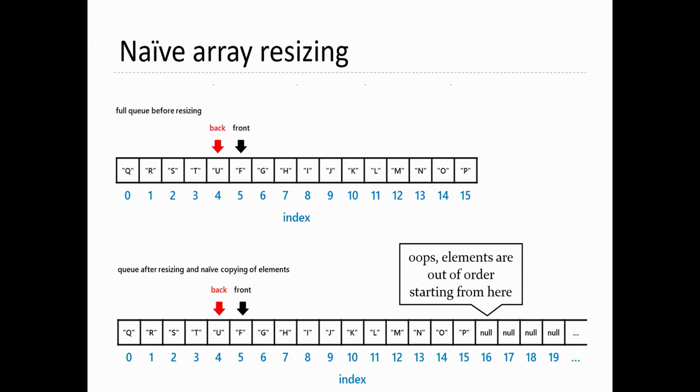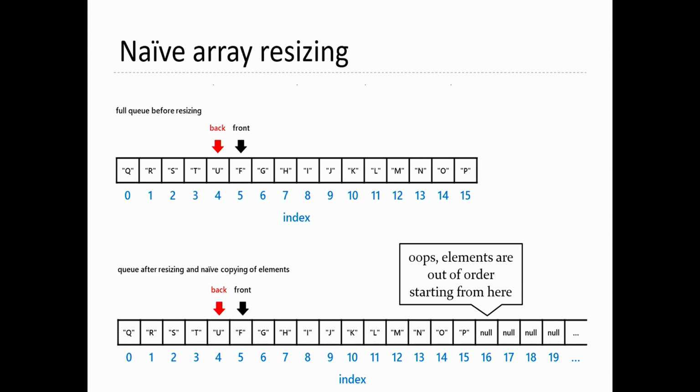Now if you do that, you end up with the following. I end up with a copy of this array sitting at the front of my new array, and now all of the empty elements are at the end of the array.